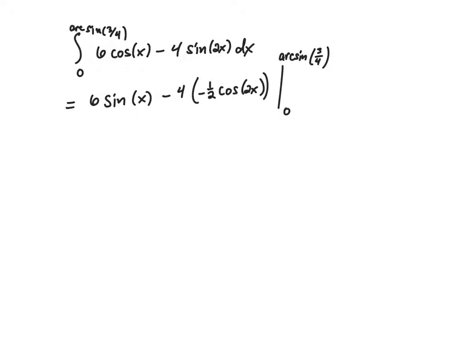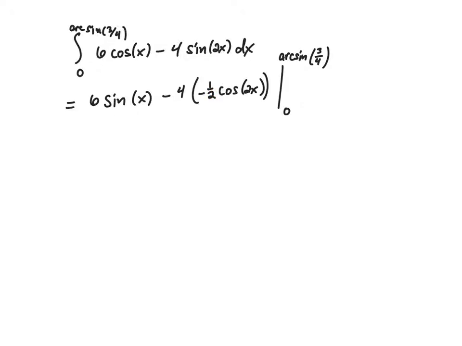So let's set up that integral. We did that up here. Now, if we integrate cosine, we get a sine. If we integrate sine, we get a minus cosine, and then we have a 2x in here. Now, you could do this by u substitution, like if you let u equal 2x, then du is equal to 2 dx, so 1/2 du. So you get a 1/2 factor out in front.